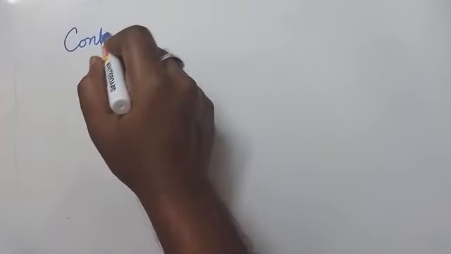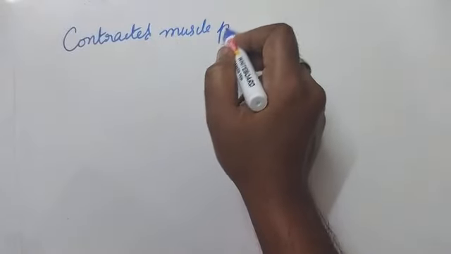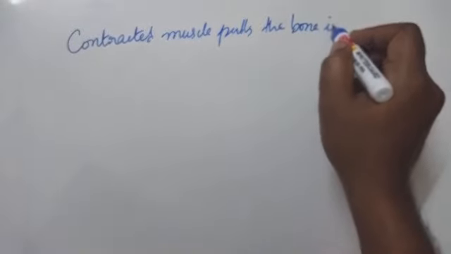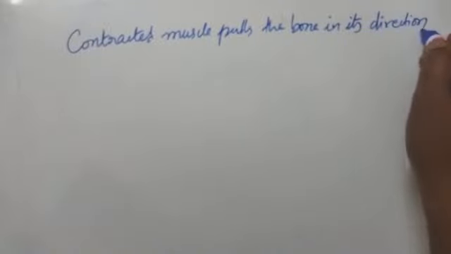Out of the two muscles in a pair, when one muscle is contracted, the contracted muscle pulls the bone in its direction, and the opposite muscle relaxes.